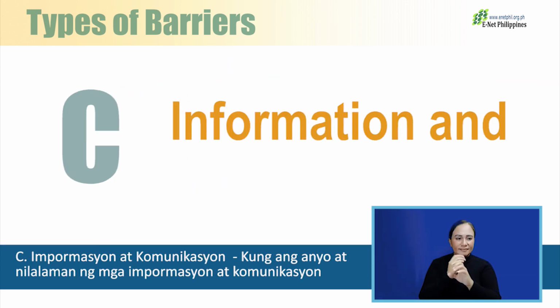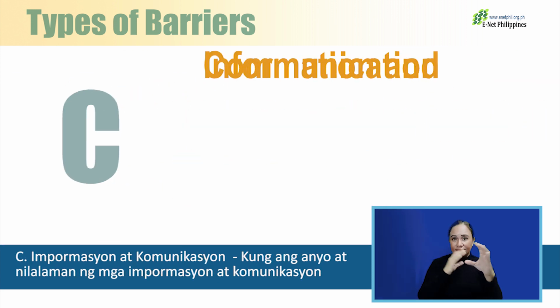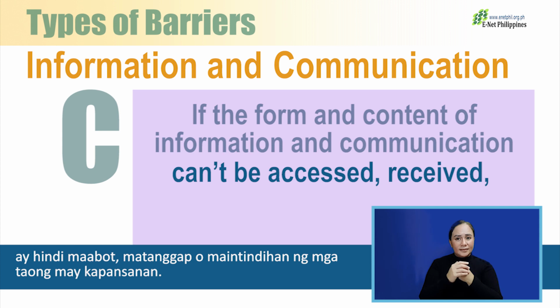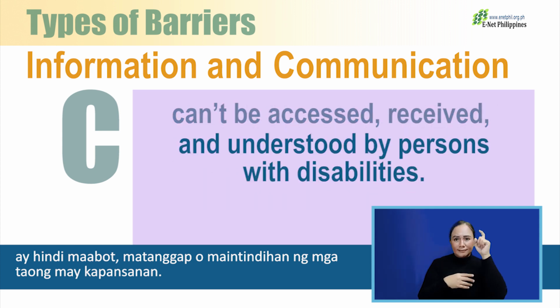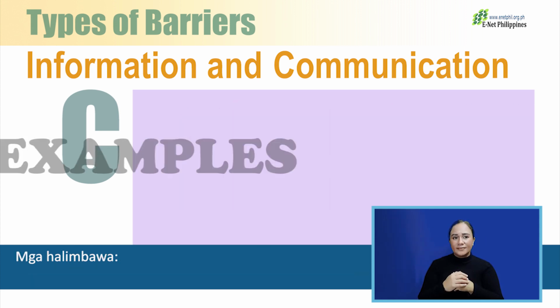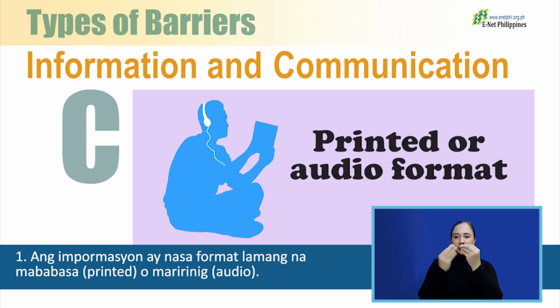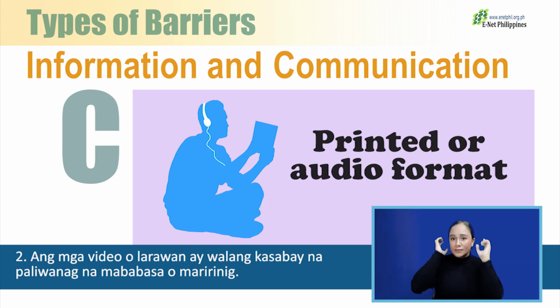C. Information and communication. If the form and content of information and communication cannot be accessed, received, and understood by persons with disabilities. Examples. 1. Information is only available in printed or audio format. 2.